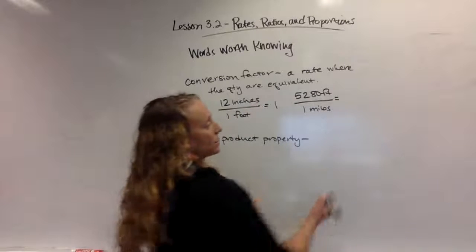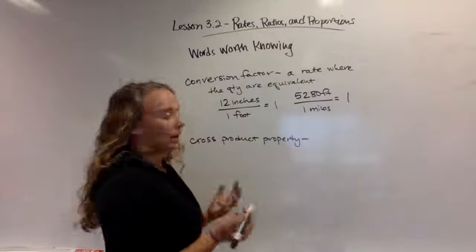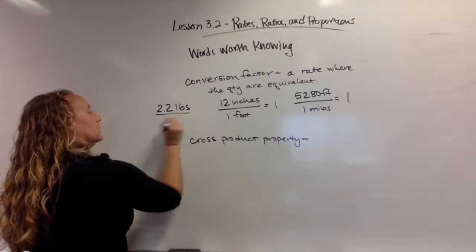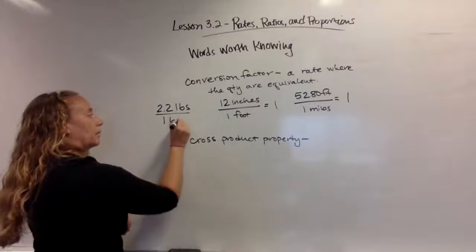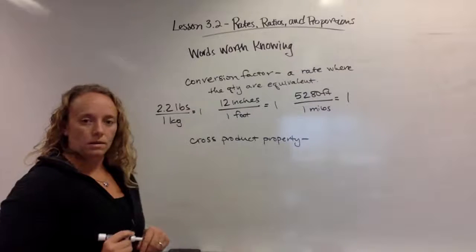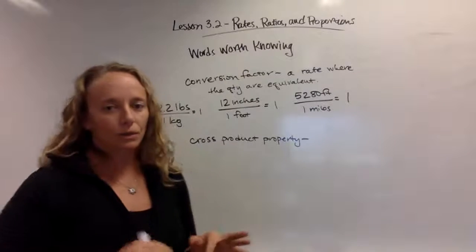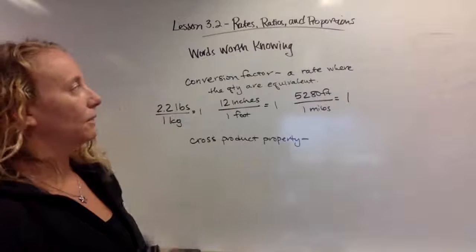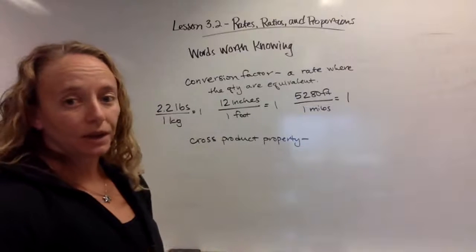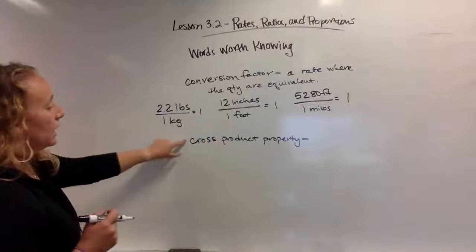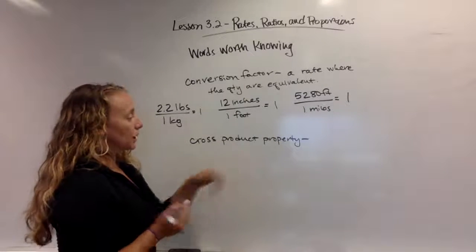That's a conversion factor that is equal to 1. Another one, 2.2 pounds is equal to 1 kilogram. That is equal to 1. Conversion factors allow us to move between labels really nicely, and we're going to look at that even more when we get into dimensional analysis in lessons 3.7 and 3.8.